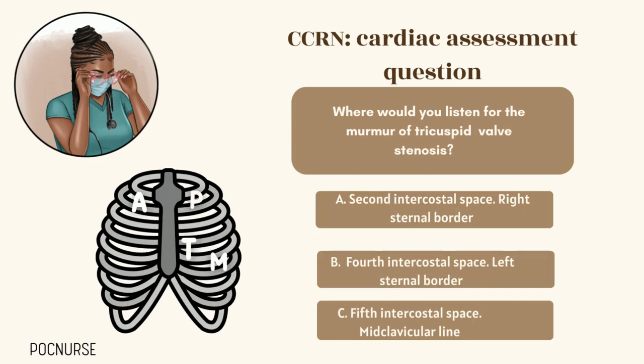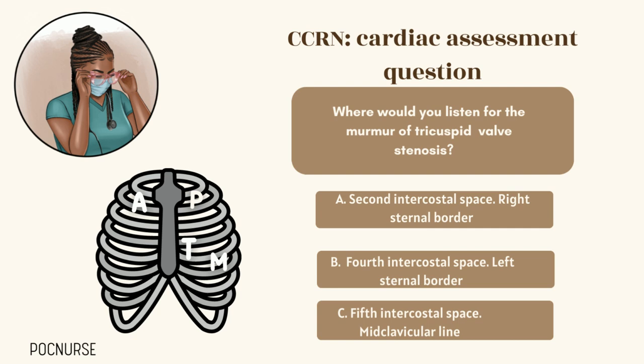Moving on to our last question. Where would you listen for the murmur of tricuspid valve stenosis? The choices are second intercostal space, right sternal border, fourth intercostal space, left sternal border, or fifth intercostal space, mid-clavicular line.